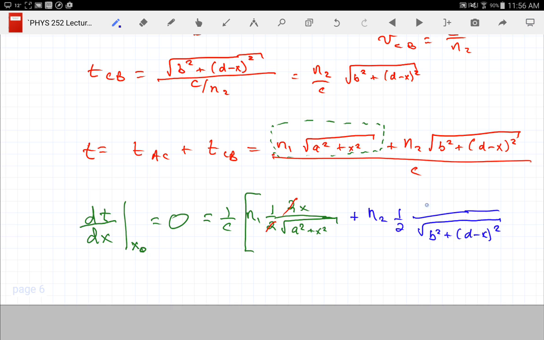Bring down the 2, then you have d minus x, and then you have to do the chain rule again. So we have to do the derivative of the thing inside, right? If it was u squared, the derivative of u squared would have been 2u. But since u is d minus x, then I have to multiply by the derivative inside. What's the derivative of the inside of that parentheses? Negative 1.